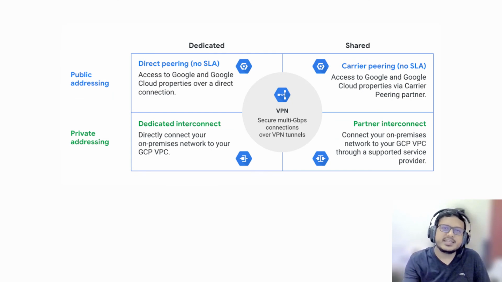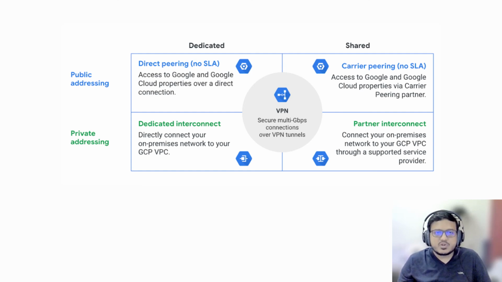A Dedicated Interconnect is a direct cable, you can say, connecting your infrastructure and GCP. As the name suggests, it's dedicated only for you. That direct cable has a capacity of 10 to 200 gigabits per second. One should remember that this is not available everywhere. It is available at 60-odd locations around the world. The next option, Partner Interconnect, is where you connect through a service provider.